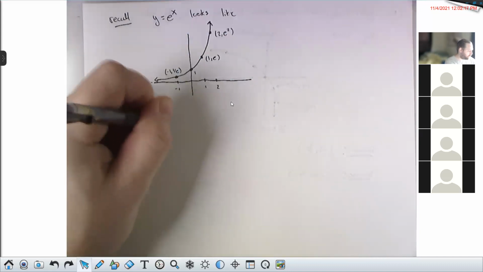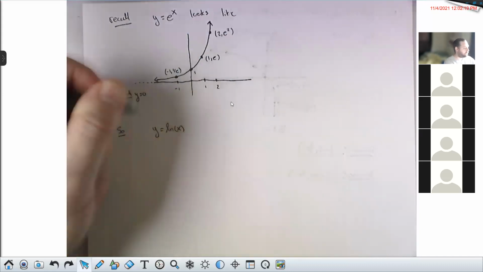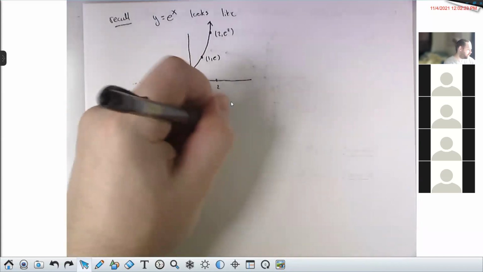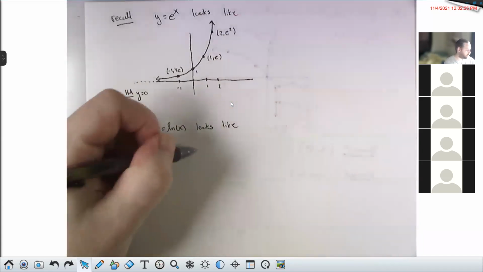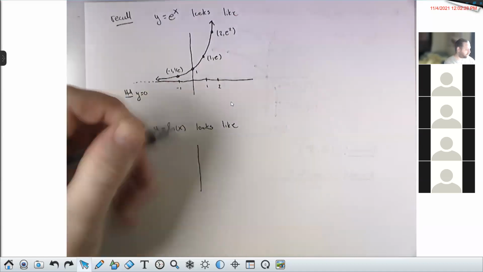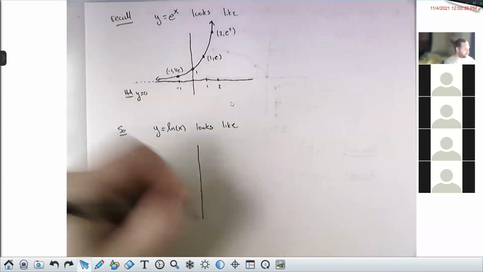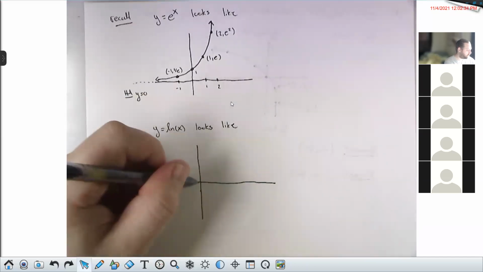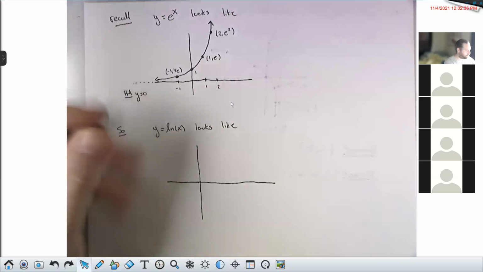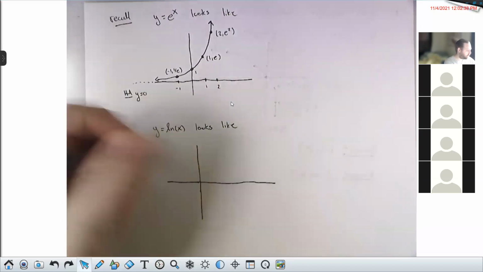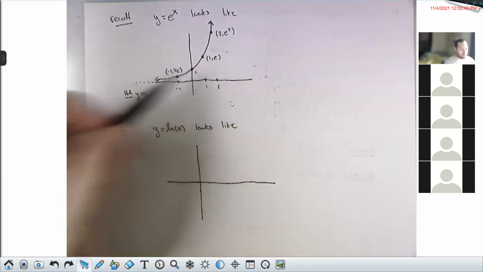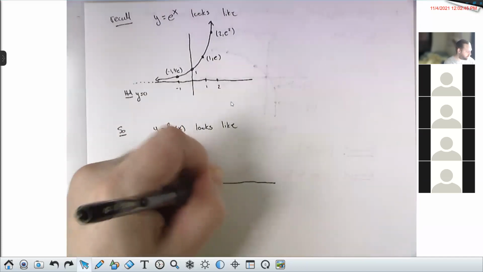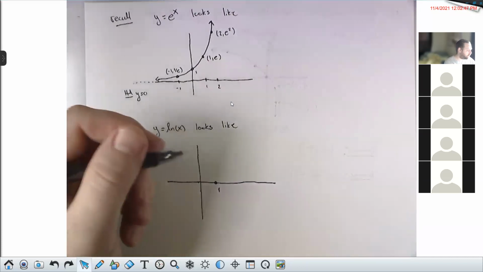So y equals ln of x looks like what? Well, it's going to look like all the other logarithms, but the specific points that we need to know are going to be a bit different. (0, 1) is on the graph of e to the x, so (1, 0) is on the graph of ln x.